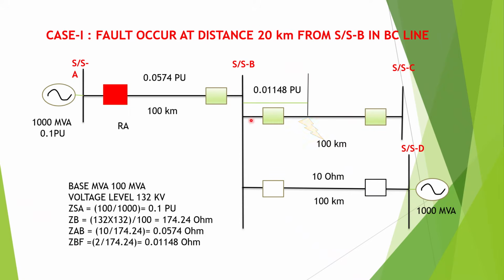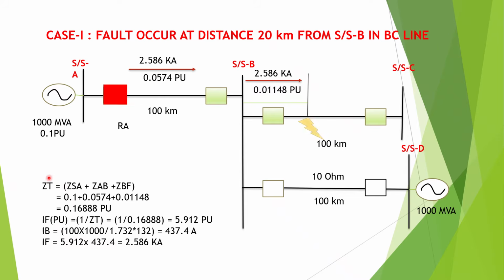And per unit impedance up to the fault point from substation B end, that is ZBF, is equal to 2 divided by 174.24, which is equal to 0.01148 per unit. So the per unit impedance for the line segment is 0.0574 per unit, up to the fault point is 0.01148 per unit, and source impedance is 0.1 per unit.